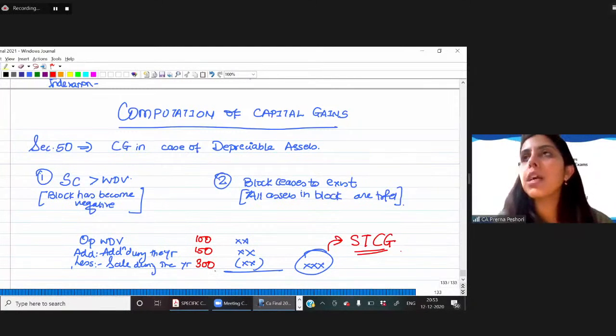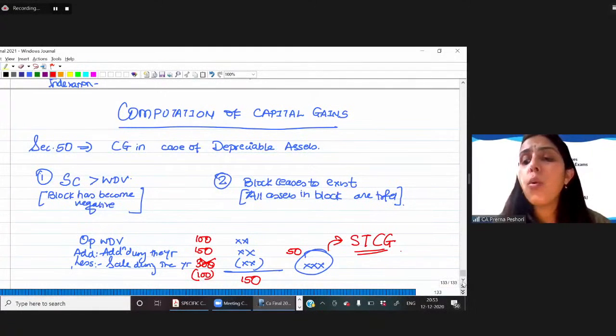So the block has become negative, so 50 will be your short-term capital gain. But if instead of 300, this is 100, then 150 is still lying in the block.